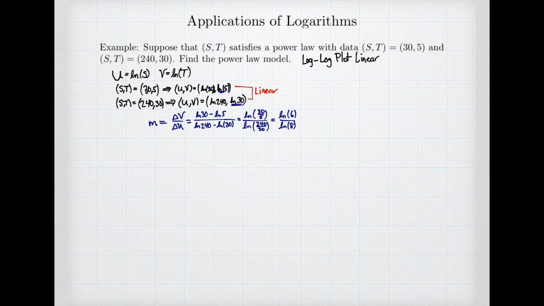How do I find the equation of a line when I know the slope and I know a point? So we'll use a point.